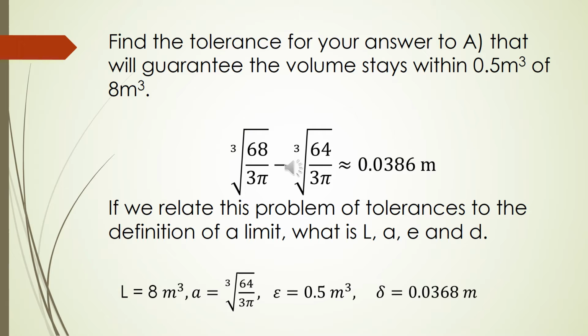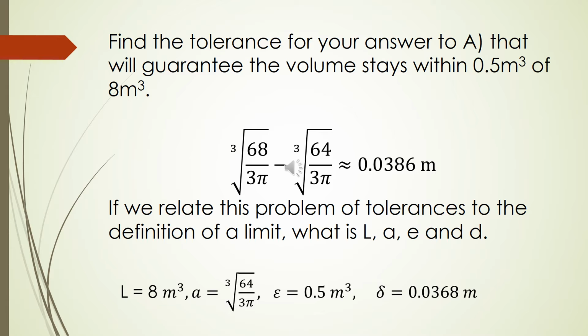If we were going to state just one tolerance that could be used for the upper or lower bound, we would actually want to use the upper bound for the diameter and its difference between that and our ideal diameter of the cube root of 64 divided by 3 pi. The function is a cubed function, and so cube functions get steeper as your input gets higher.